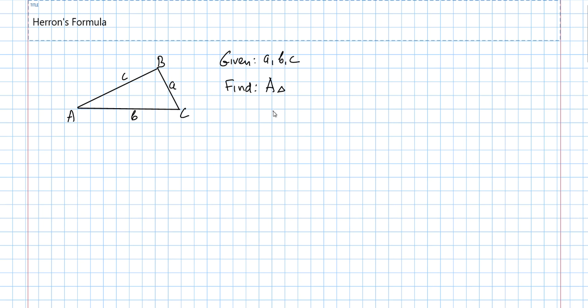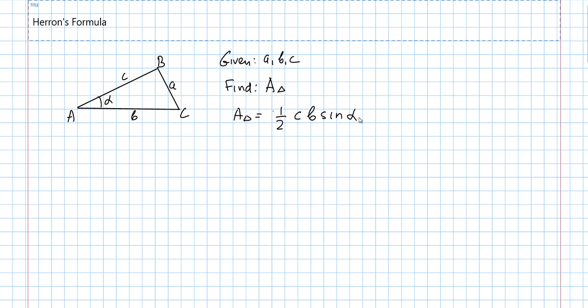If you know angle alpha, which is BAC, which you don't, then you would be able to find the area of the triangle, because the area would be 1/2 times c times b times sine of angle alpha.